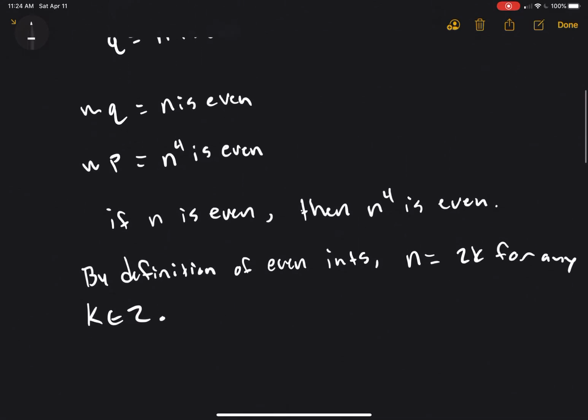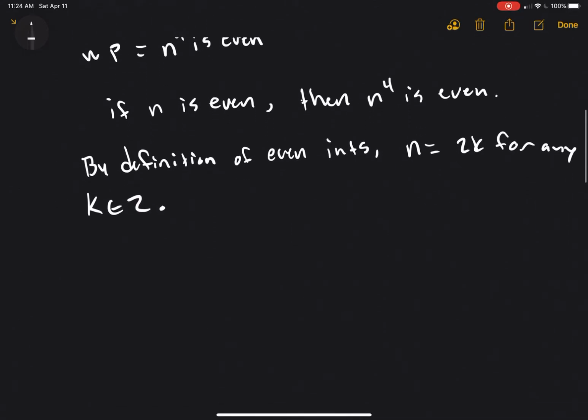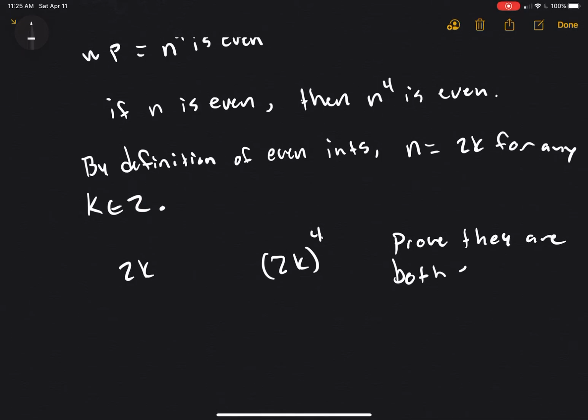So if n equals 2k, our statement would be 2k on the left side, and on the right side we would have (2k) to the fourth. And then we need to prove that they are both even.